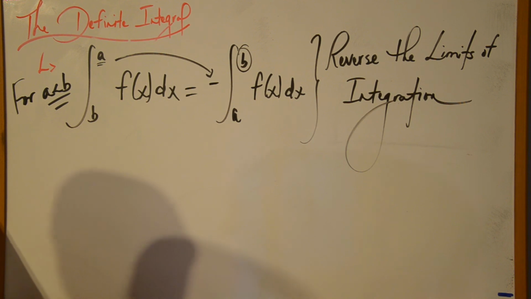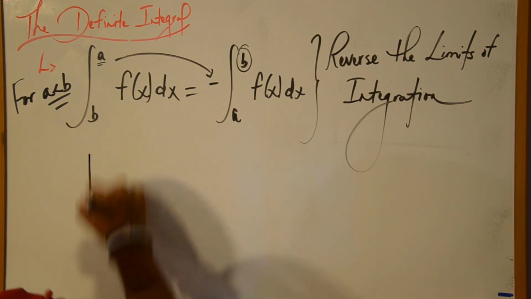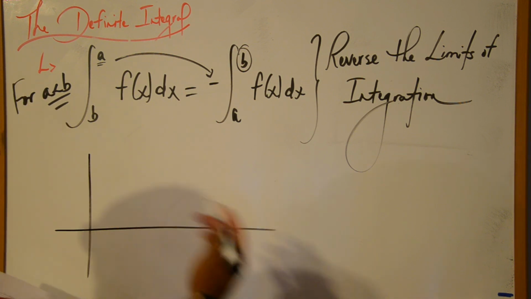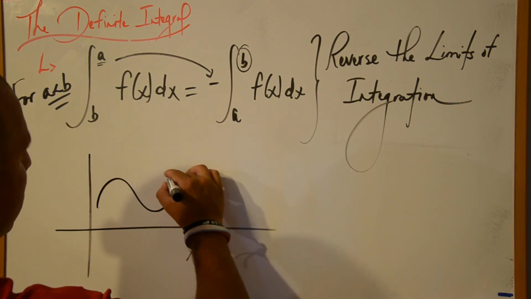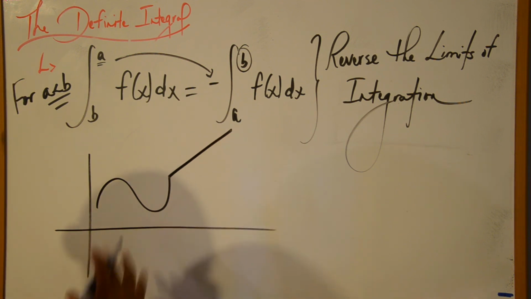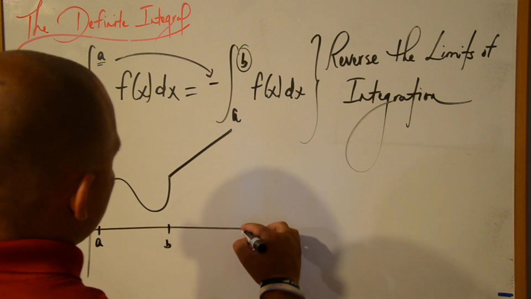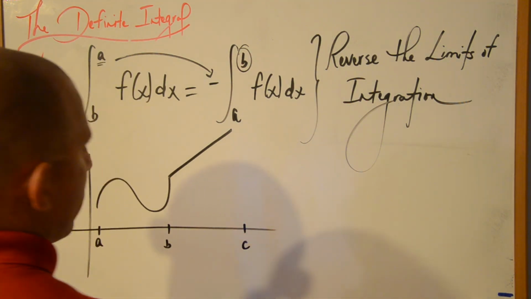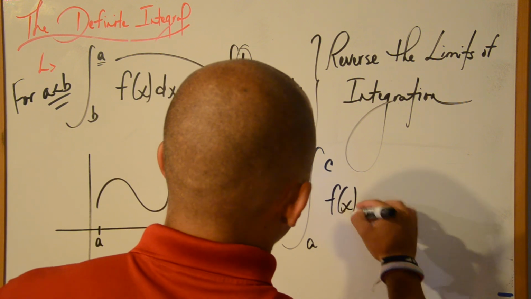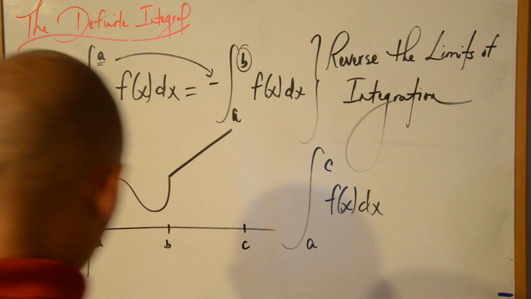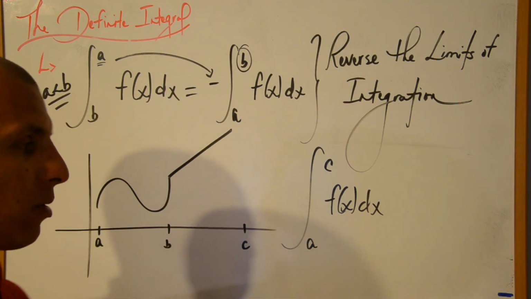And you might actually wind up in a situation, typically a piecewise function, where you could have something like, okay, notice two different function behaviors. Let's call this A, let's call this B, let's call this C. Okay, we can't simply say, oh, take the integral from a to c of f of x dx. And why can't we do that? Well, it's not f of x the entire way throughout.